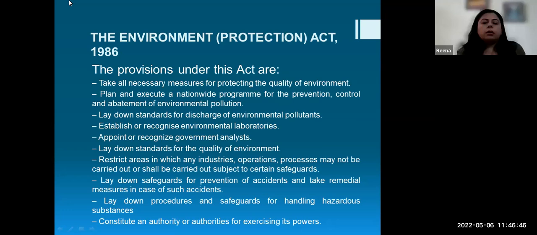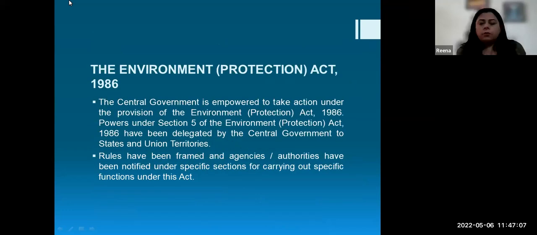Under EPA, the Environment Impact Assessment notification came up. Though the notification is very comprehensive in its clauses and the kind of conditions it has provided, it is always considered a part of the Environment Protection Act.